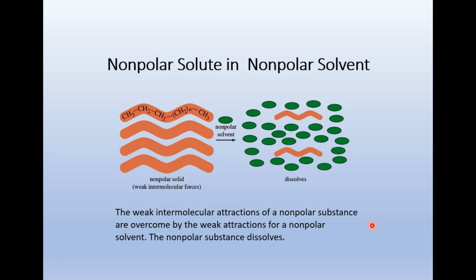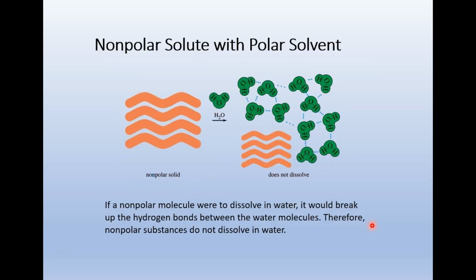The nonpolar substance dissolves. So here's your Italian dressing. You've got your olive oil and you've got your vinegar, which is mostly water, 95% water, 5% acetic acid. This is why water has such a high boiling point for its low molecular weight. It's off the charts. 100 degrees Celsius, and the thing only weighs 18 grams per mole.